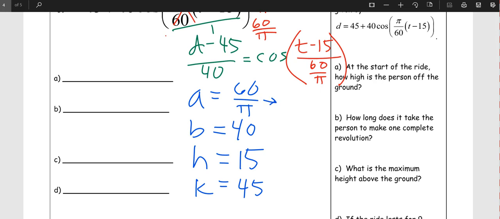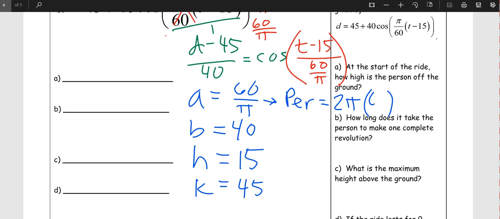Okay, what do we use A to figure out? The period of the function. Now, the original cosine function has a period of 2 pi, right? But then we multiply times the absolute value of A, but this isn't a negative number, so we don't really have to worry about absolute value bars.